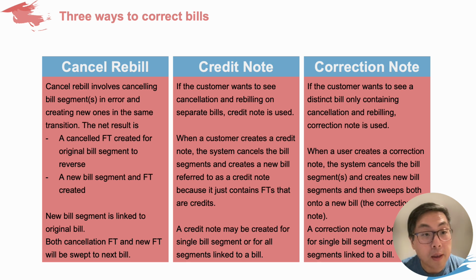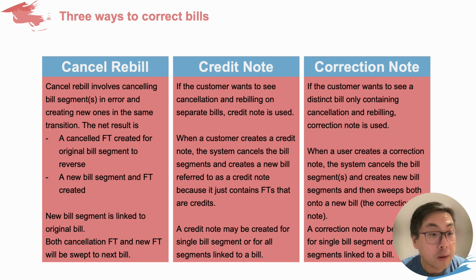That actually means a canceled financial transaction will be created for our original bill segment to reverse the amount of debit, which is chargeable to your customer, and create a new bill segment and the financial transaction, which is the rebilling.